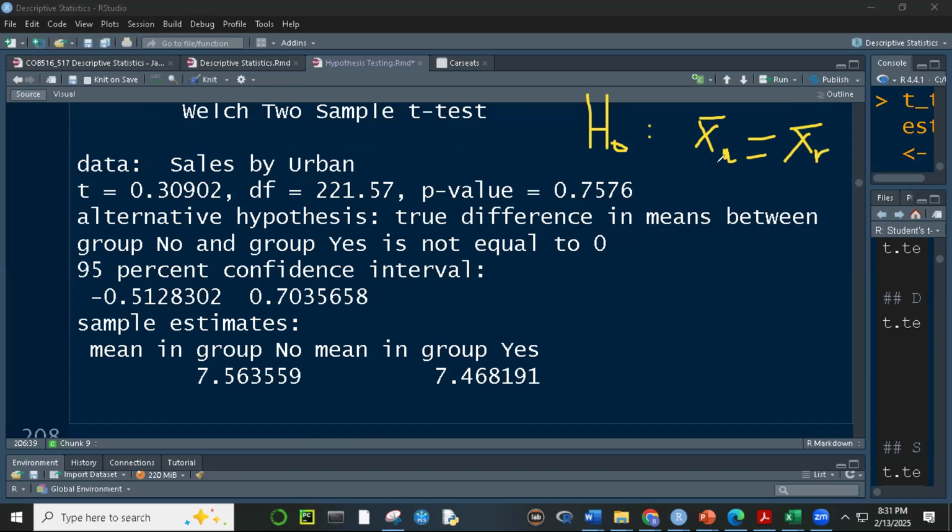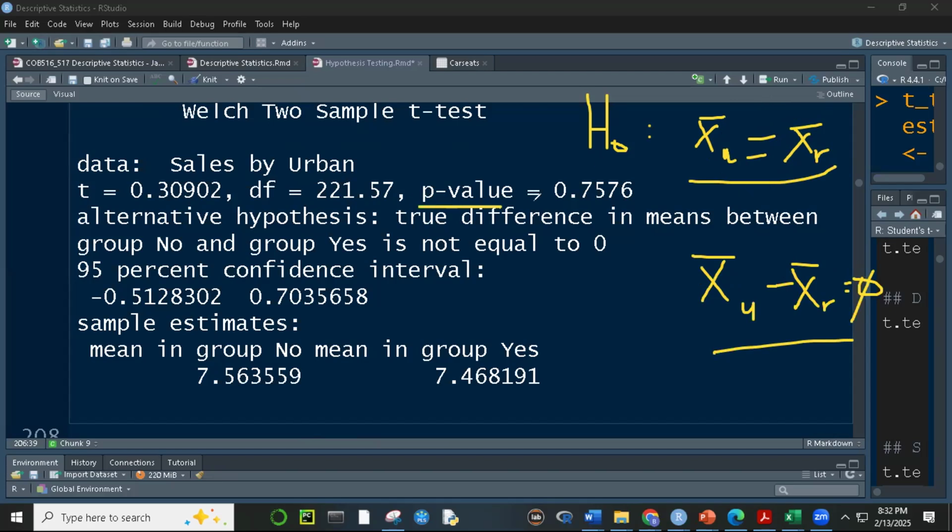Which can be stated as, if we transpose this to the other side, average urban minus average rural is equal to 0. That's why this and this are equivalent. So we're just saying that the average sales in both locations are the same.